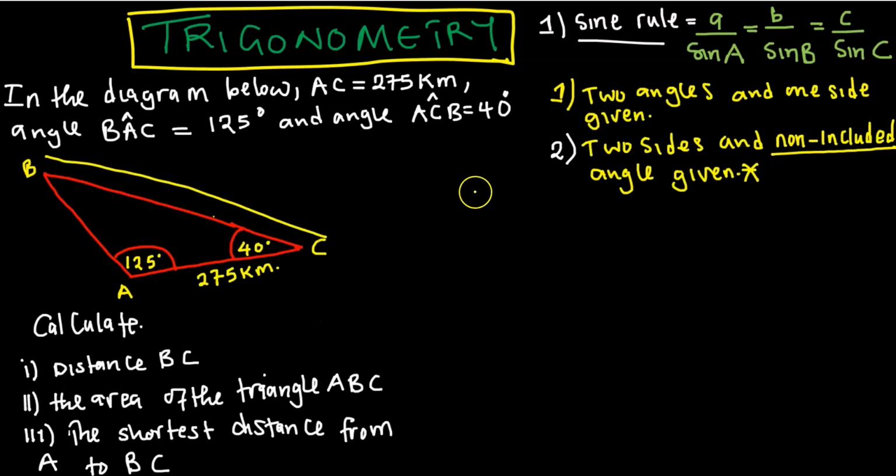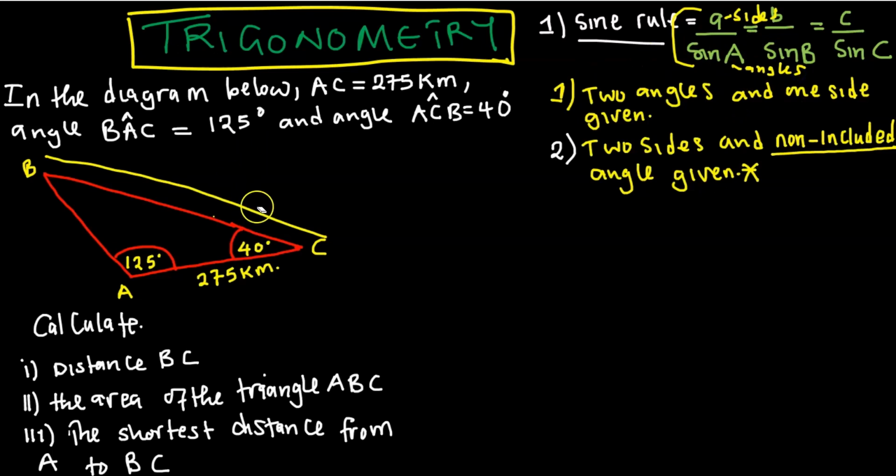Now, if you look at the formula, we have a over sine A equal to b over sine B equal to c over sine C. Let me mention also that these small letters are sides and capital letters are angles.